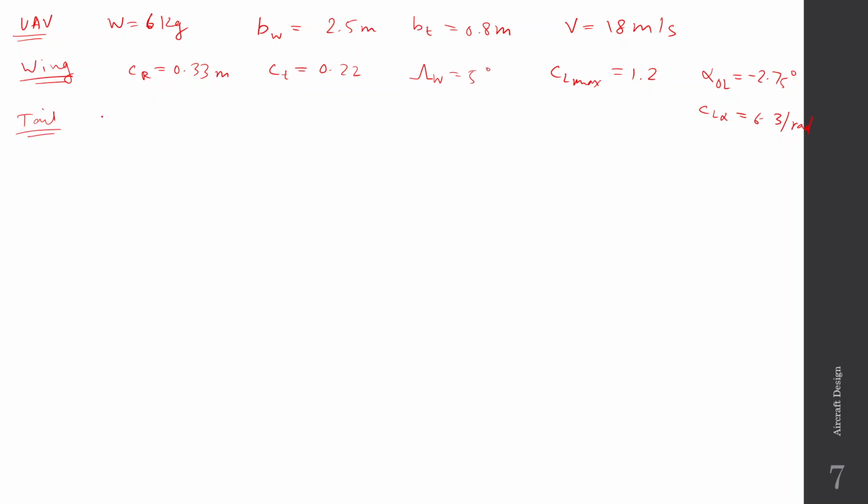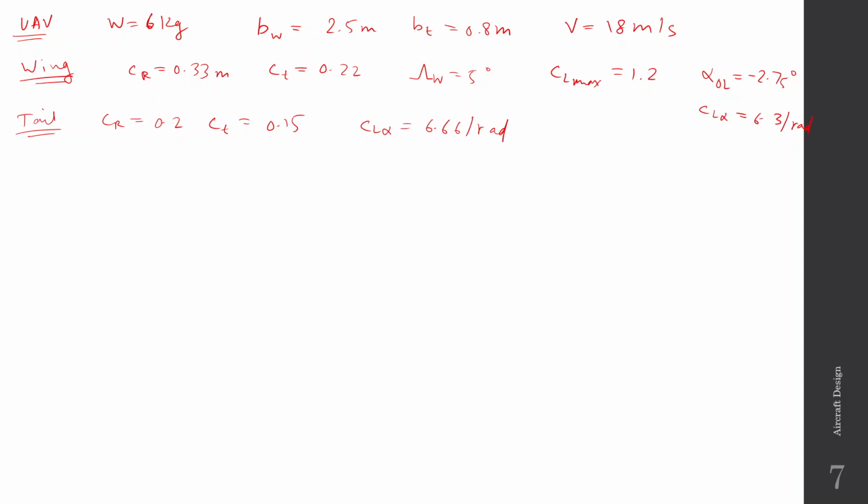Then this is the tail data. For tail data you have CR is 0.2, CT is 0.15, and CL alpha is 6.66 per radian.